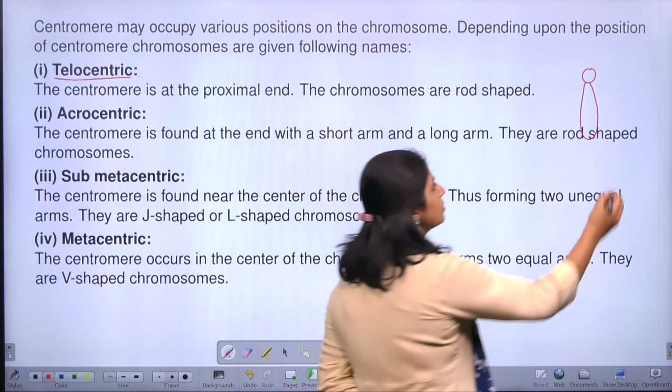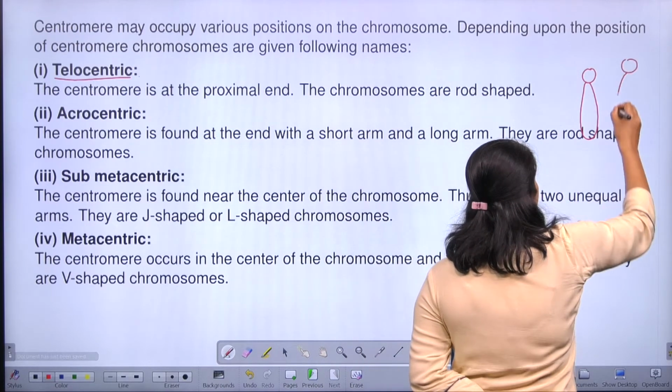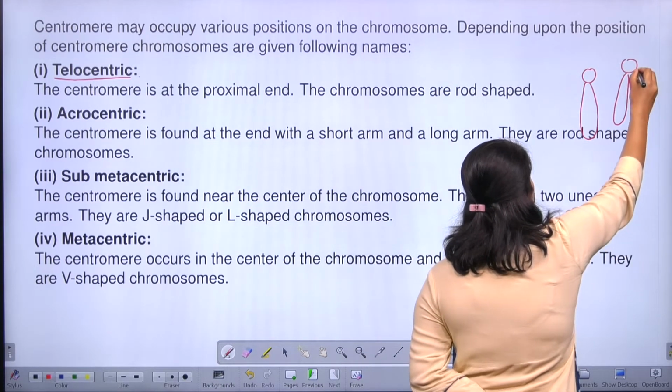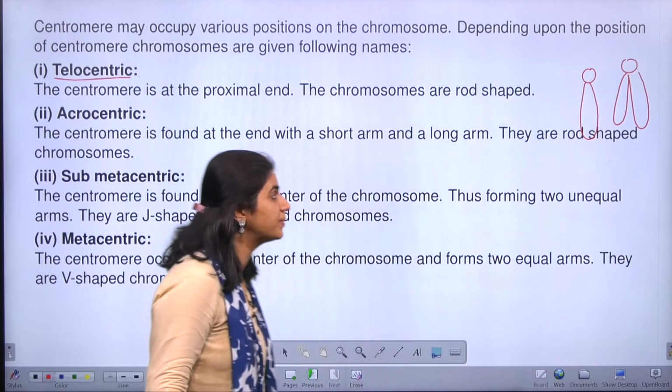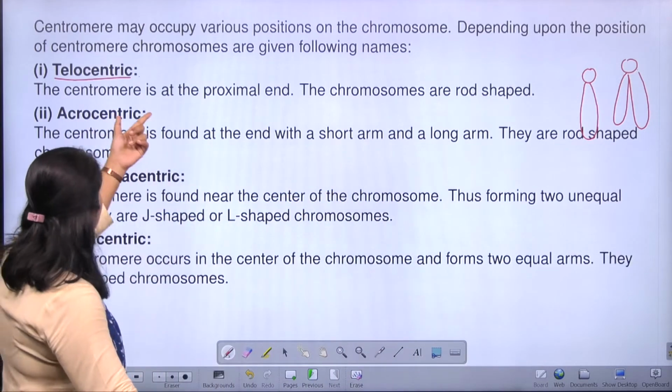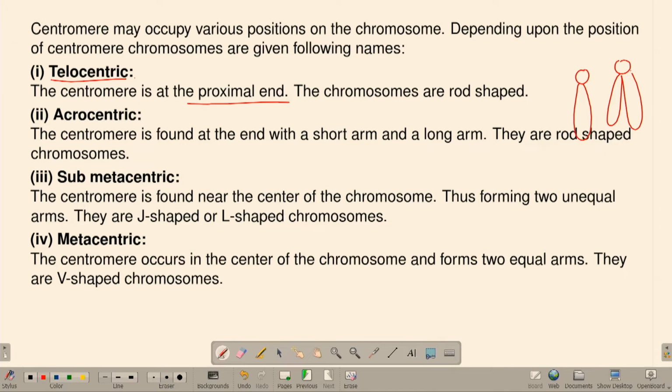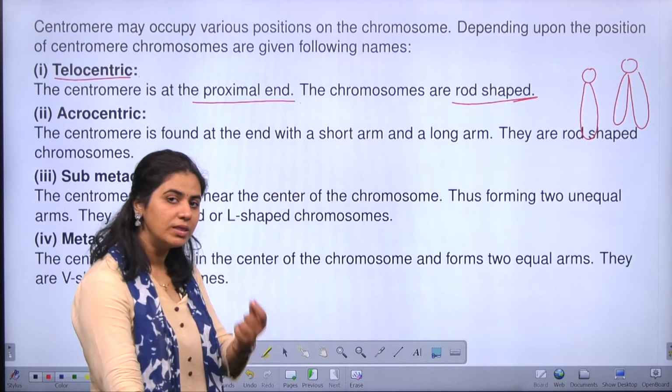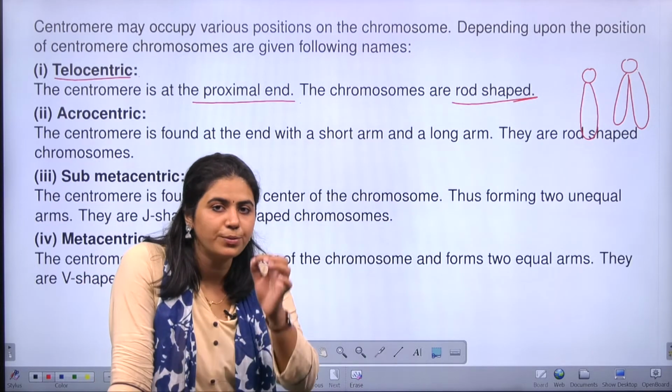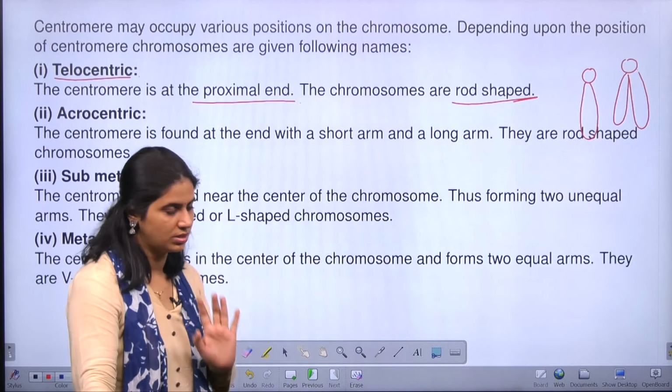We can also draw it like this. It has a rod shaped structure. The centromere is at the proximal end and the chromosome is rod shaped. So when the centromere is present at the proximal region, it's called telocentric.